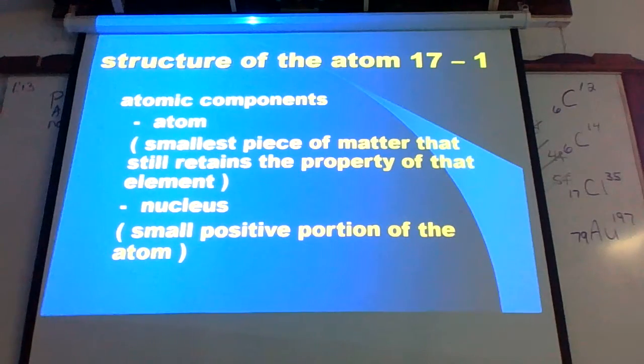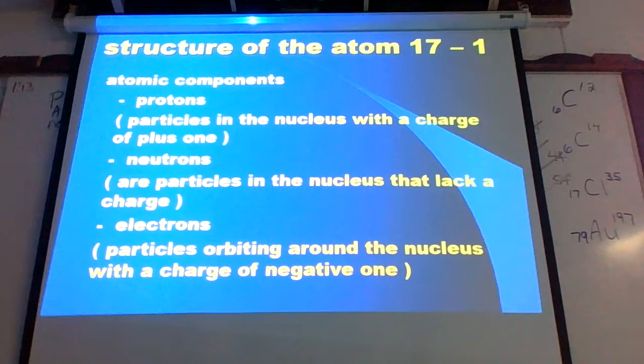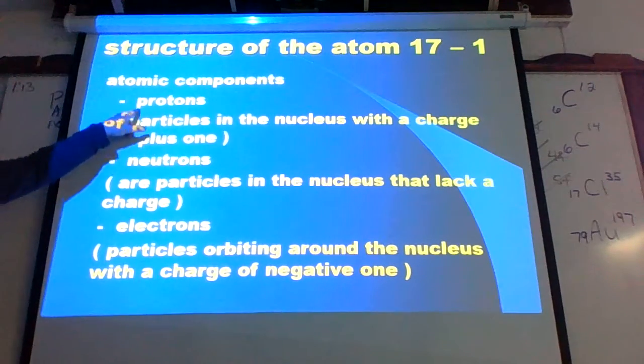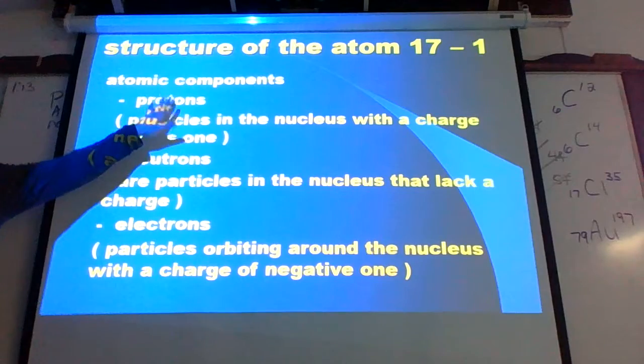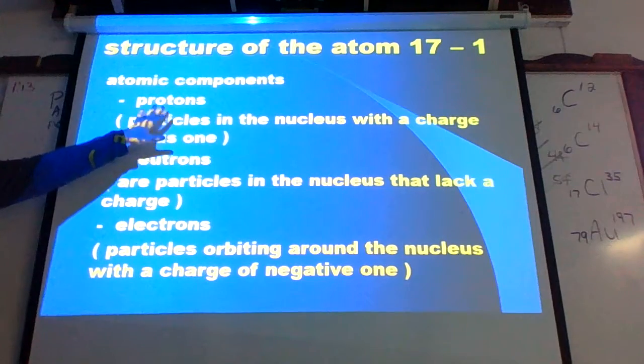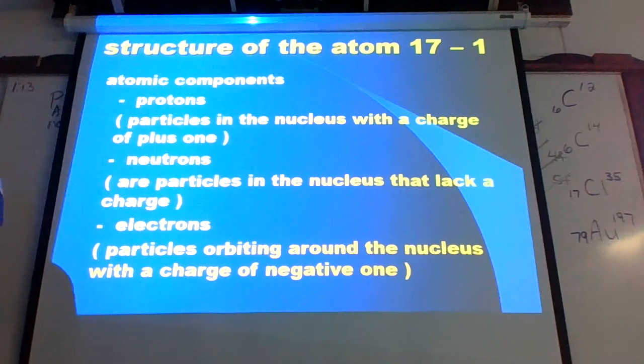The electron cloud. Okay, so the atomic components. On the periodic table, the number of protons is given by what number? Atomic mass or atomic number? Atomic number. So when we said 4 earlier, the atomic number for beryllium is 4. That's what we use to identify that element.